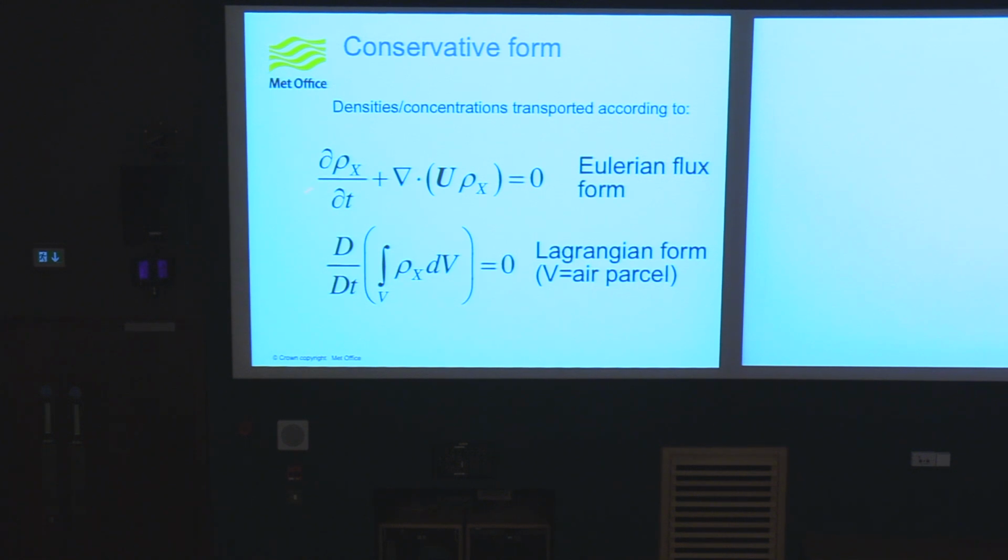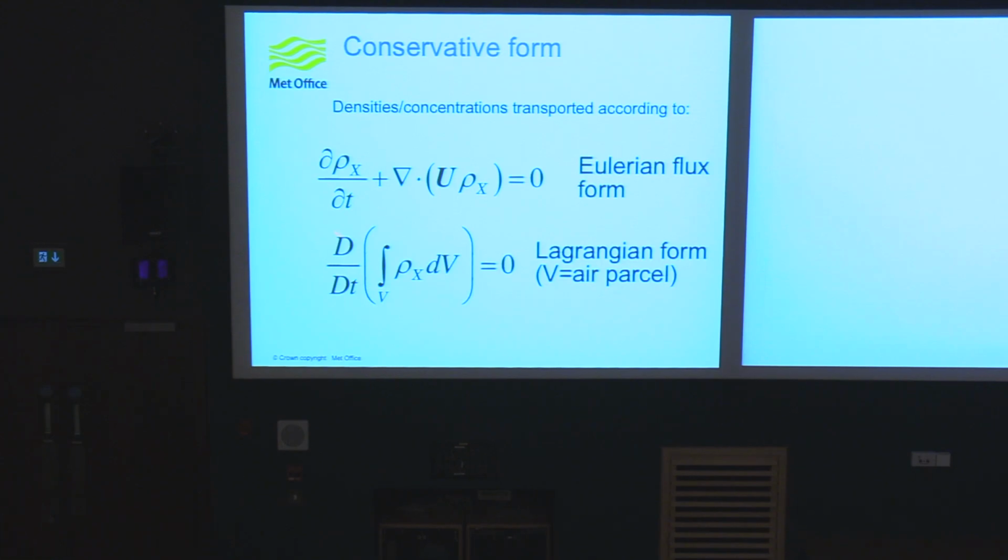So here the first of those is a conservative form, and this one is the Eulerian form. So the natural quantity to look at there is the density, as I defined on the last slide, or the concentration, and the rate of change of that is determined by the divergence of the flux of that quantity into or out of some fixed Eulerian volume.